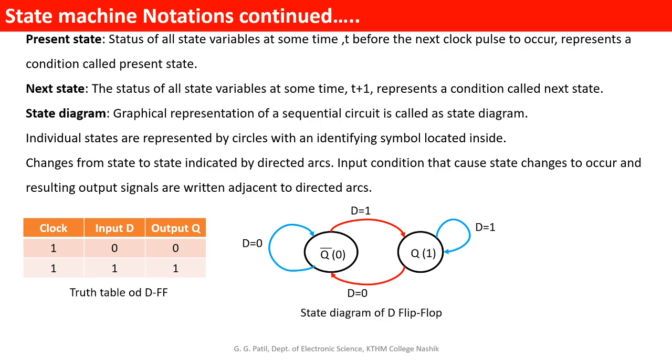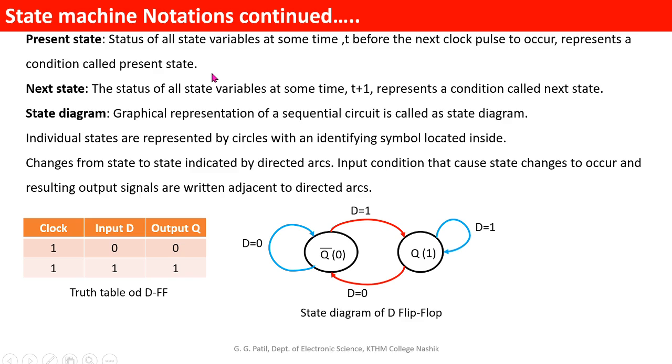Now, the next is present state. Again, the state machine notations are continued. Present state, that we have already seen. The status of all state variables at some time before the application of the next clock pulse represents a condition called the present state.